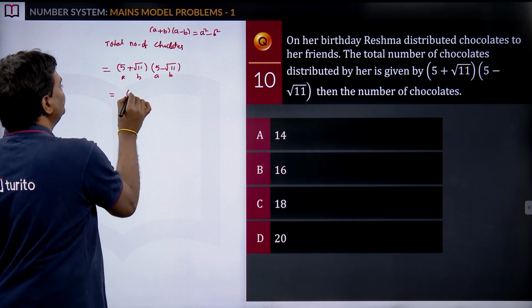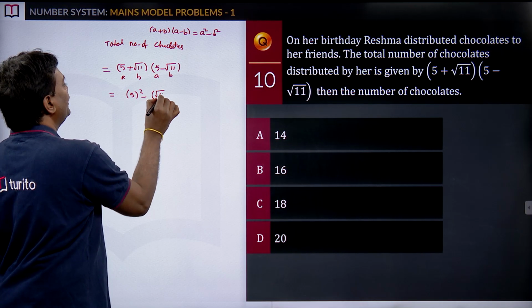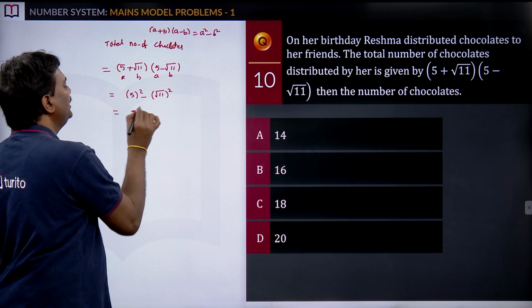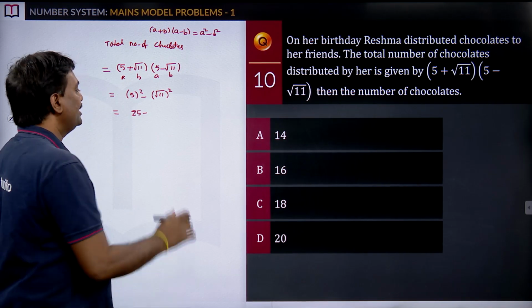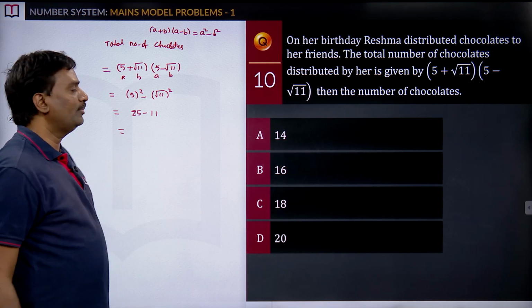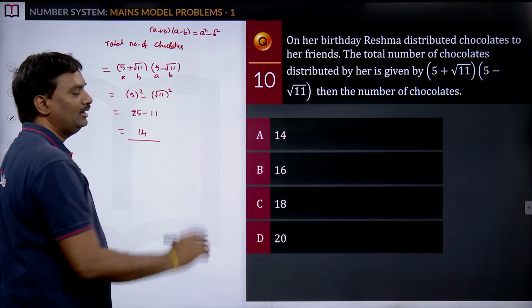A square is 5 square, minus B square, root 11 whole square. 5 square is 25, minus root 11 whole square is 11. By subtracting 11 from 25, you will get 14.